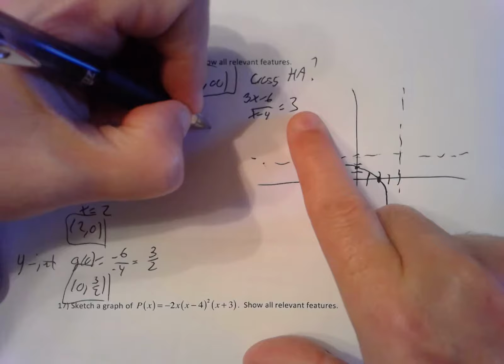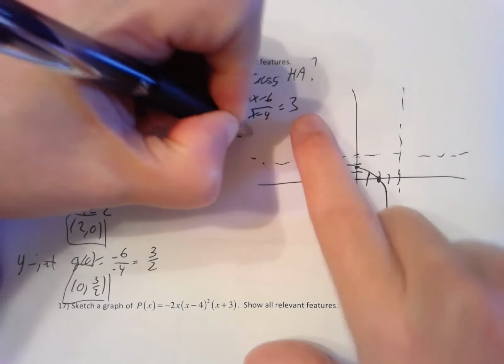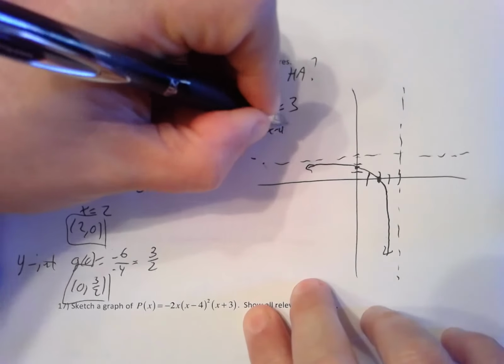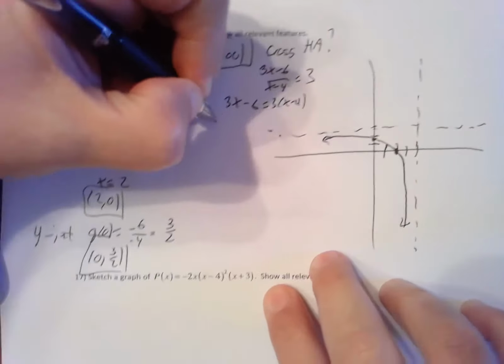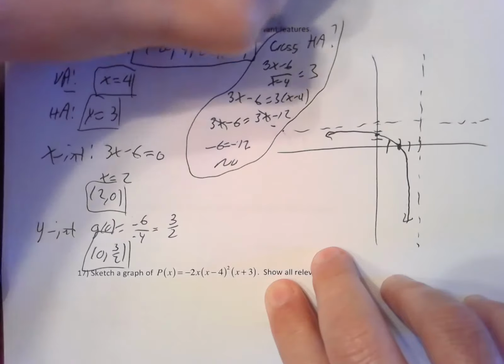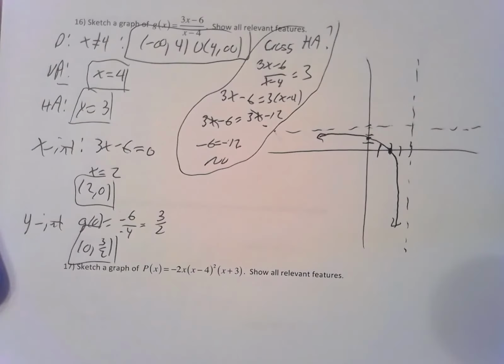Okay, so I cross multiply, 3x minus 6 equals 3 times x minus 4, and I get 3x minus 6 equals 3x minus 12. I get negative 6 equals negative 12. No. So all of that right there is no, we don't cross.